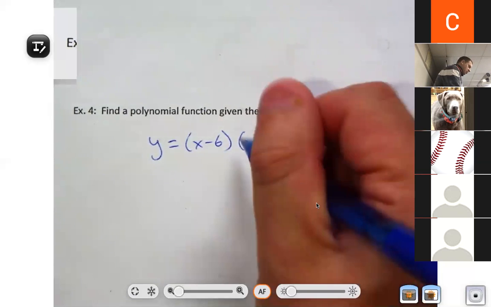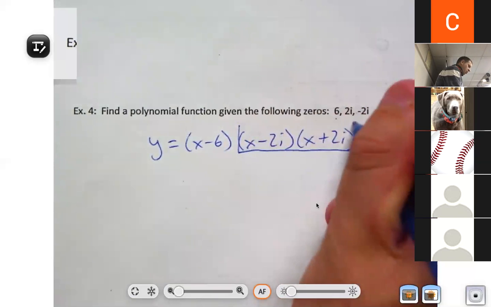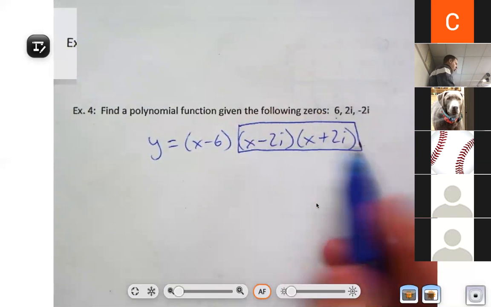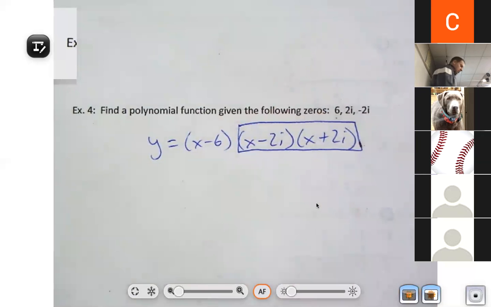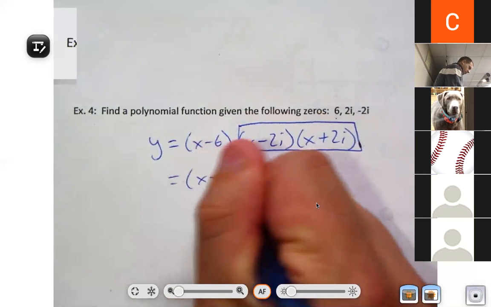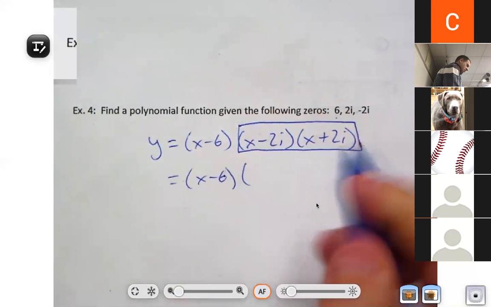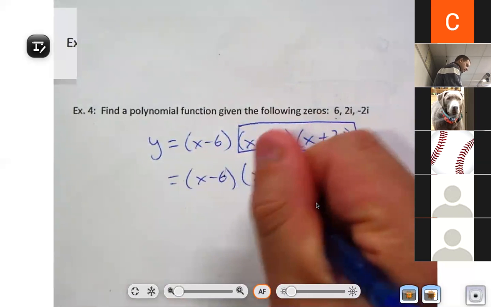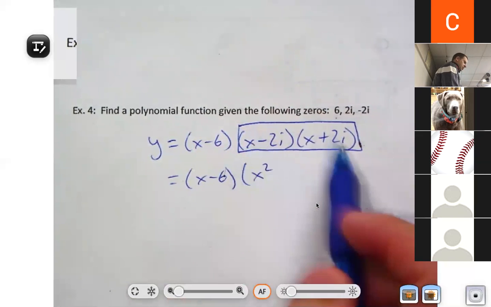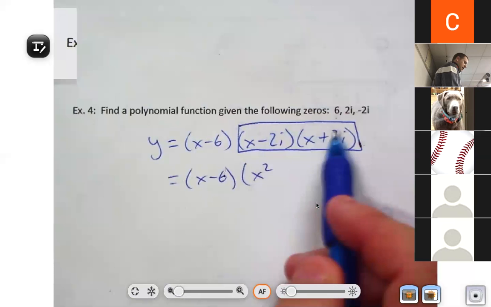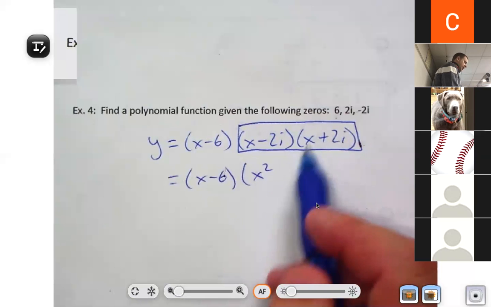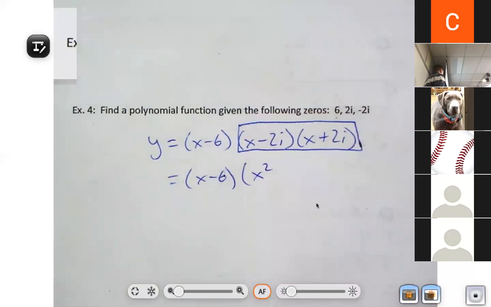I would multiply these two together because when you multiply these two, the i's will go away. So I'm going to FOIL that out. So x squared. The outer terms would be 2xi, and the inner terms would be -2xi. So those cancel. You don't even need to write them.